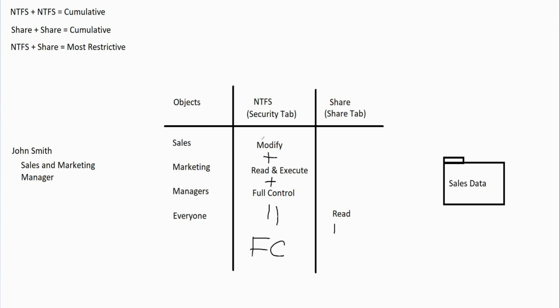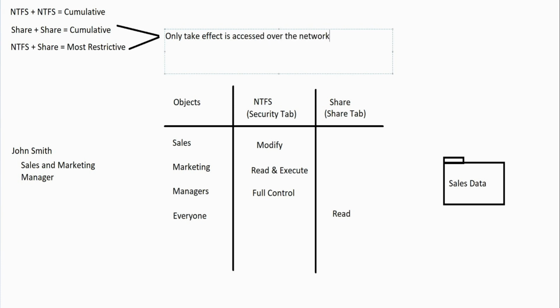But remember the other thing that I mentioned, and that is it only takes effect if he's accessing it across the network. These two rules right here only take effect if accessed over the network. That's something to remember. So if John Smith was actually sitting locally at the machine and accessing the data locally, then you'd only have to worry about NTFS permissions.